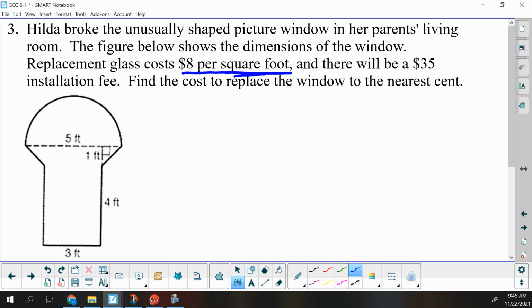So we're going to split this up into some shapes. We've got these two tiny triangles here, a half circle, and then a rectangle. Let's call this area 1, this area 2, this area 3, and this area 4.